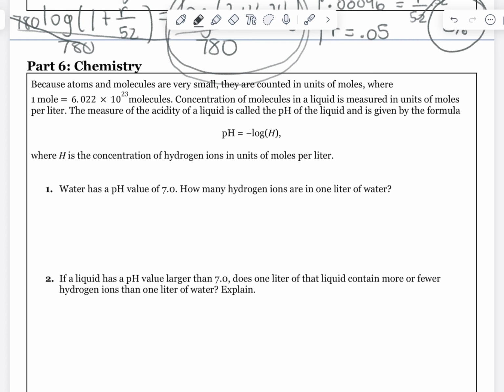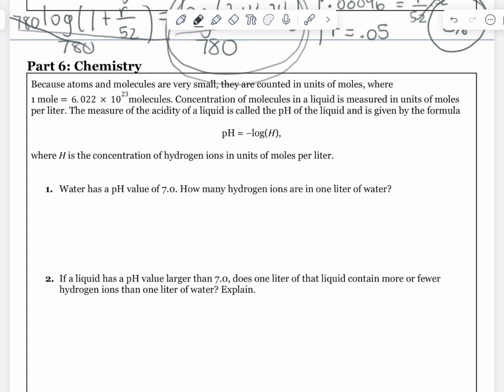Okay, anyway, because atoms and molecules are very small, they are counted in units of moles, where 1 mole is equal to 6.022 times 10 to the 23rd molecules. Concentrations of molecules in a liquid is measured in units of moles per liter.